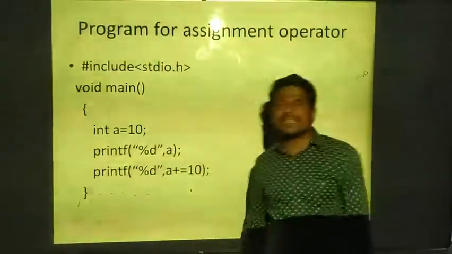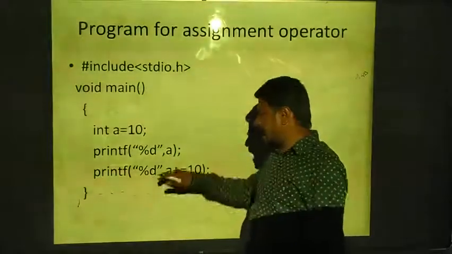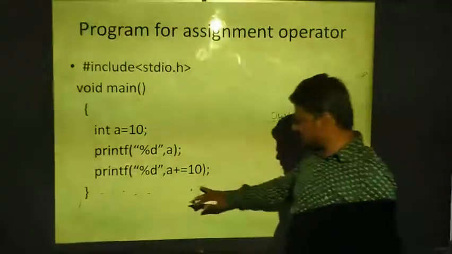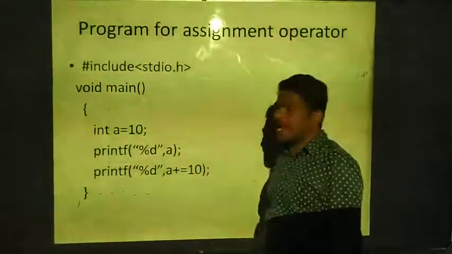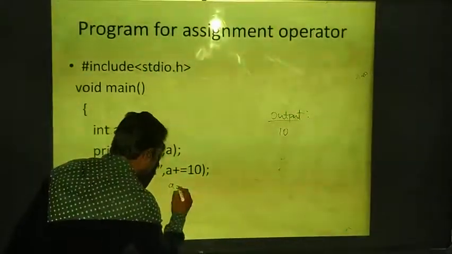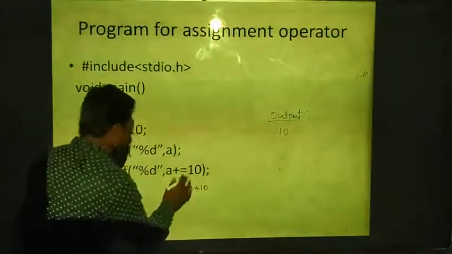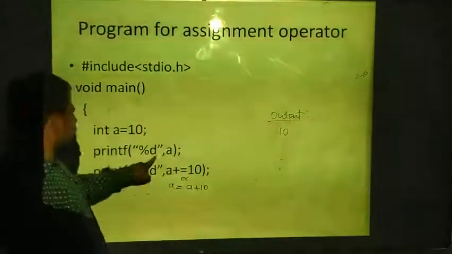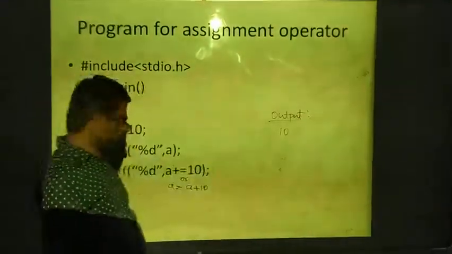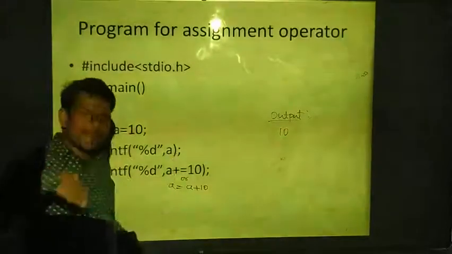Next, if we see the compound assignment operator, here for percentage d I am giving a plus is equal to 10. It means a is equal to a plus 10. These two statements are the same. So first, what is the value of a? It is 10. Next, again I am printing the a value.